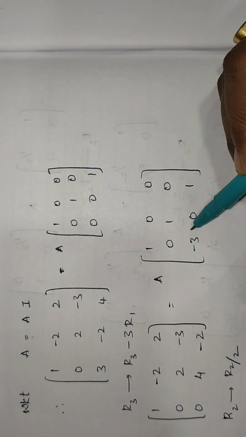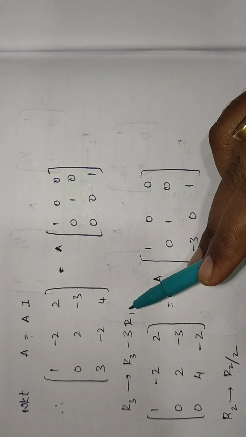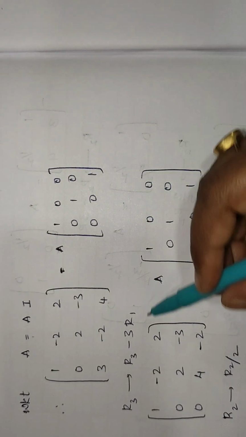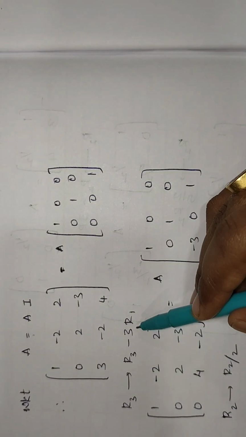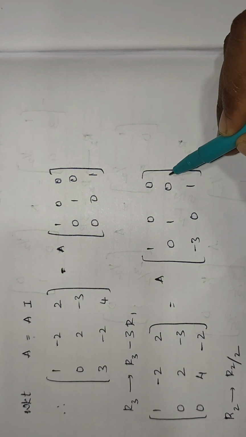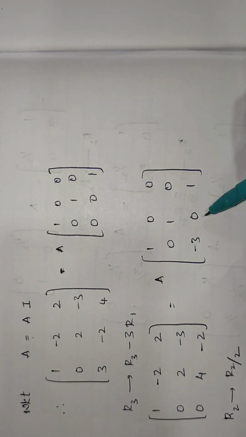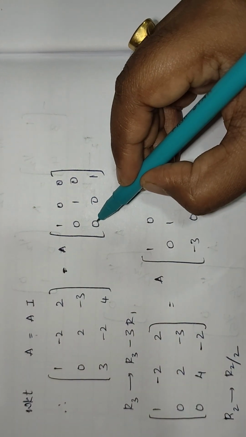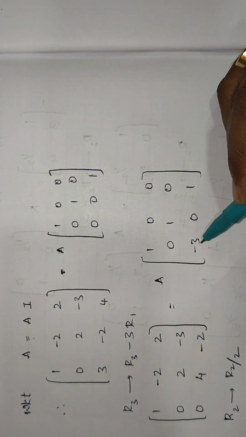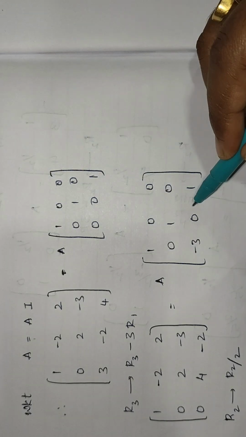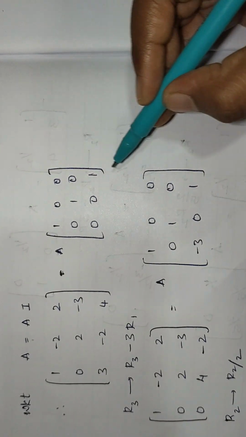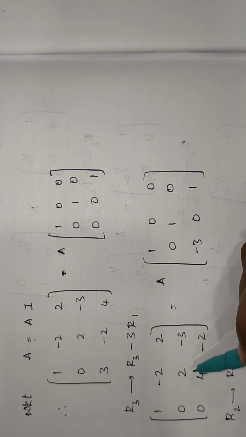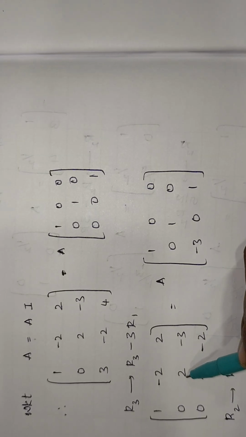Similarly, you need to apply the same row transformation on this side also. The first row and second row remain unaltered, and the third row will change according to this transformation. So it is 0 minus 3 into 1 is minus 3, 0 minus 0 is 0, and 1 minus 3 into 0 is 1.